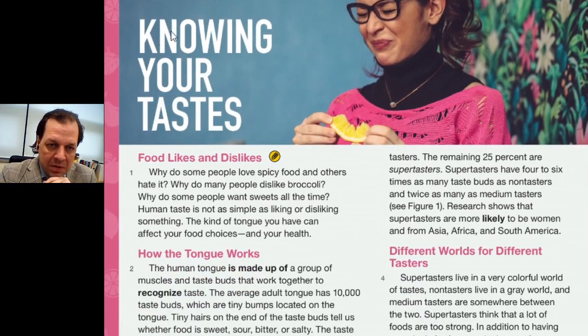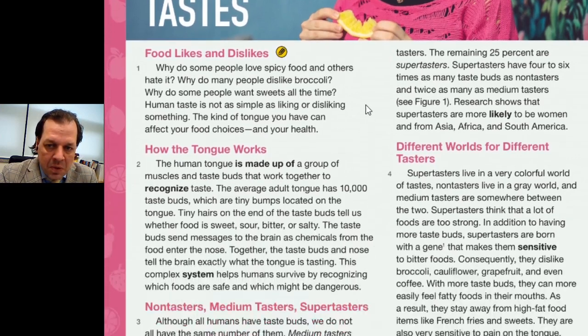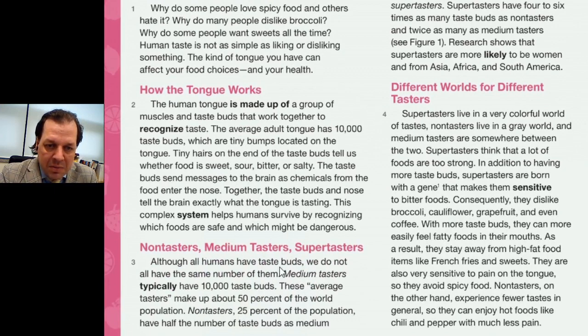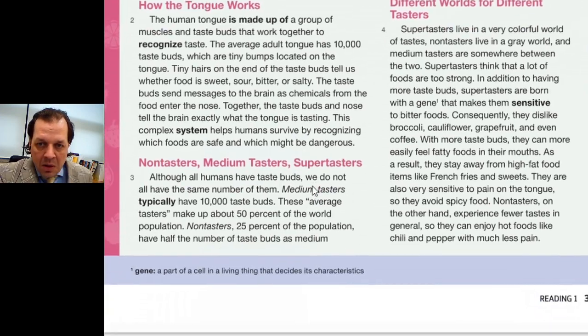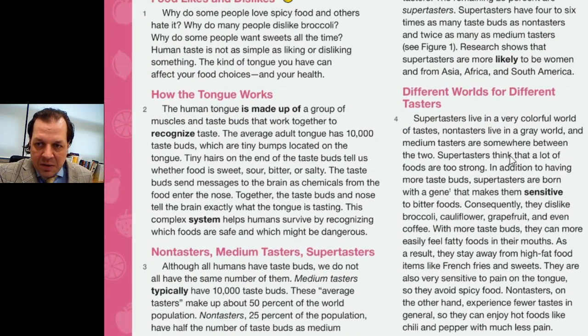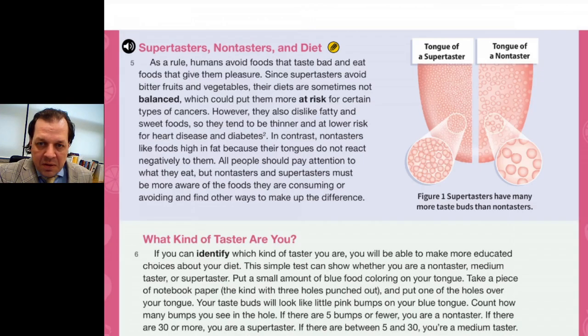And now you can see here's the title, okay? The title and the headings over the paragraphs. Okay, food likes and dislikes, how the tongue works, non-tasters, medium tasters, super tasters, different worlds for different tasters. Continues on the next page, super tasters, non-tasters, and diet.